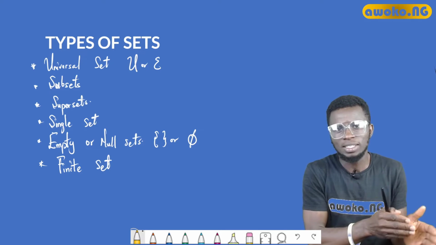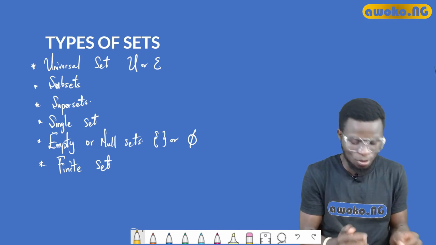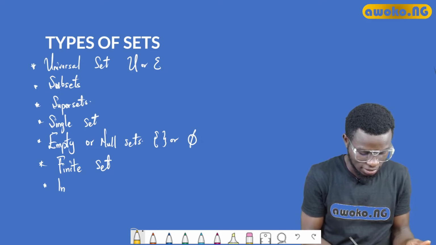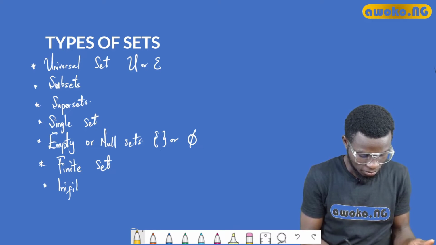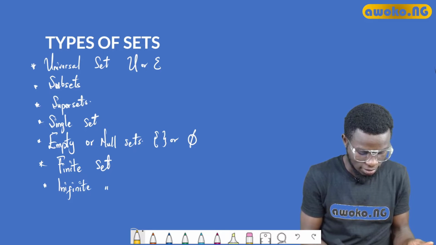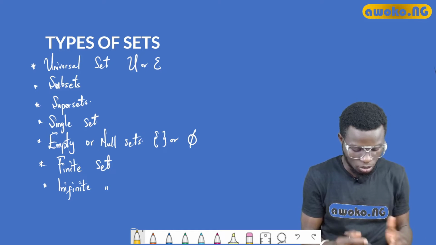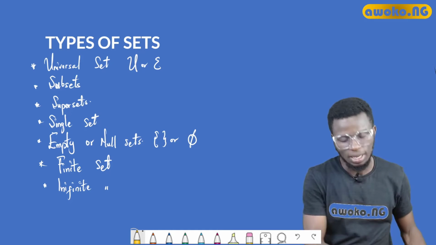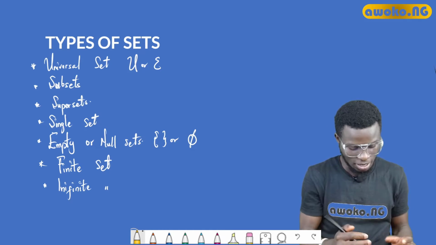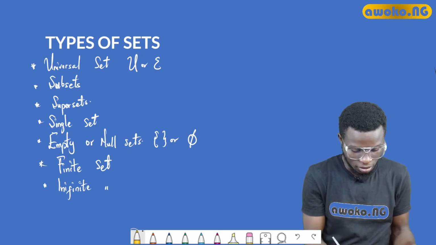And if you have a finite set, definitely we can have a set called an infinite set. Some persons call it non-finite. They are still the same thing, but I prefer to use infinite set as the case may be.